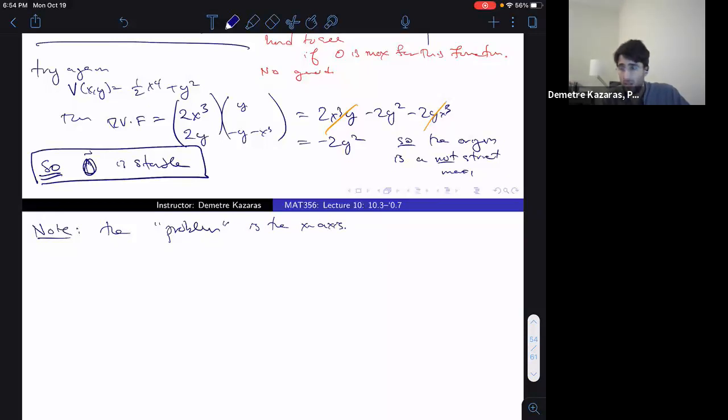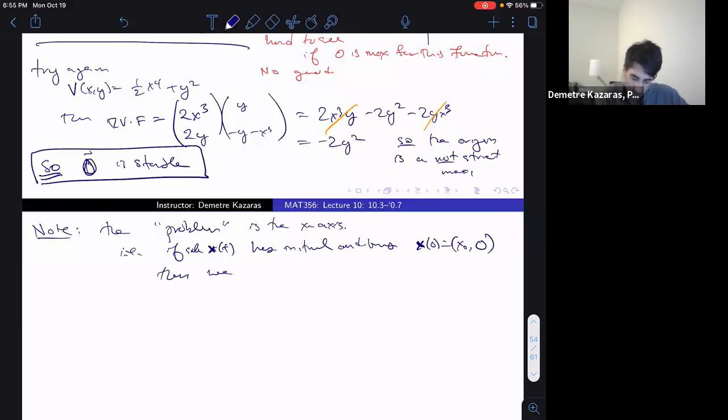Namely, if we have a solution that starts on the x-axis, in other words, if a solution x of t has initial conditions with 0 y component, say x naught comma 0, then we can't say that the limit as t goes to infinity of x of t is the origin.